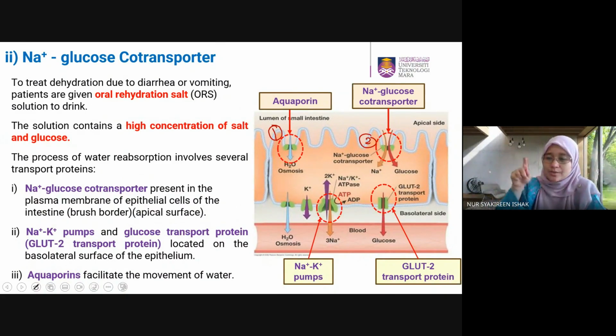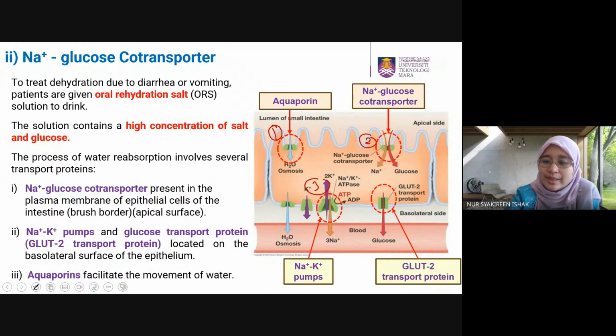Without the sodium, glucose cannot enter. Okay. So yang ketiga kita ada sodium potassium pump. What it does is that it pumps sodium out and potassium in. Sodium enters into your blood.